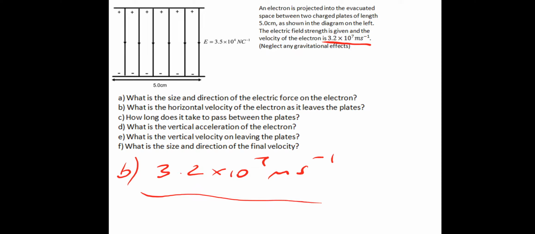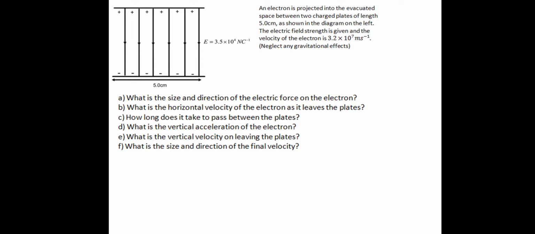So let's have a look at C. So how long does it take to pass between the plates? So we've got velocity is distance over time. It's constant velocity, so the 3.2 times 10 to the 7. So we can simply do time is equal to distance divided by the speed.